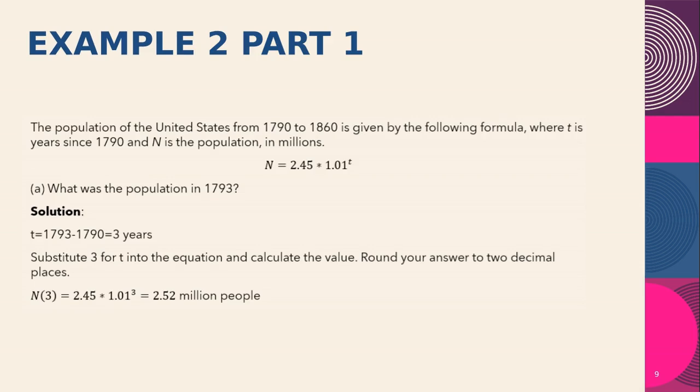Next example. The population of the United States from 1790 to 1860 is given by the following formula, where t is years since 1790 and n is the population in millions. The equation is n equal to 2.45 times 1.01 to the power t.